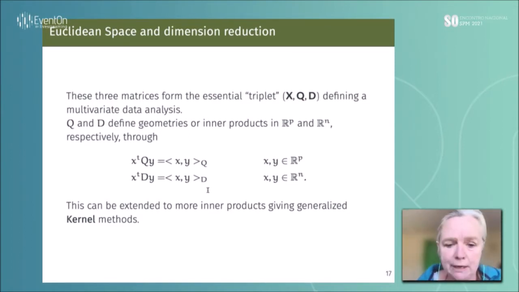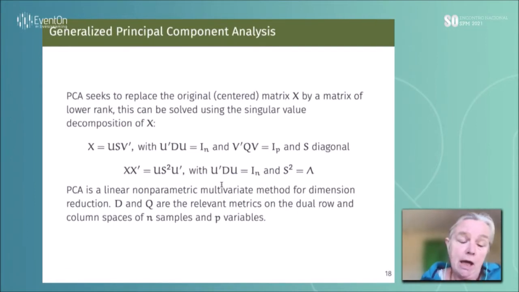And so you could do it at the level of the inner product, which I show here, which gives you this duality. And we'll see later that if you don't have a Euclidean space, differential geometry allows you to do that better. So first of all, in the linear world, you can do it just by doing a generalized principal component analysis, where you incorporate the weights in the inner products.